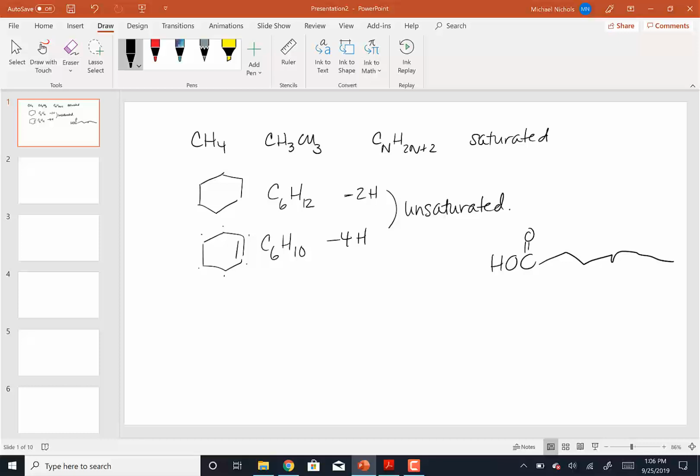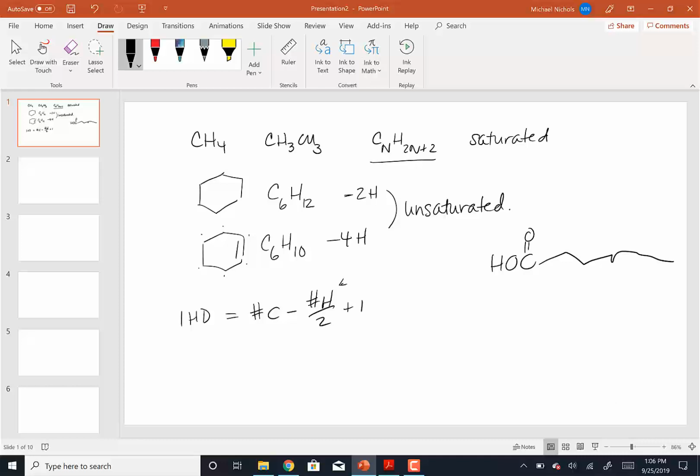But these formulas can be used to calculate what are called the degrees of unsaturation, or IHDs. The formula I use is the number of carbons minus 1/2 the number of hydrogens, plus 1.